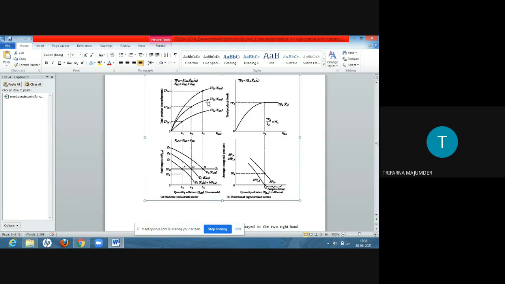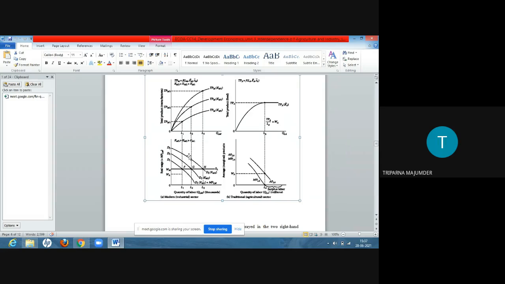When it increases to KM2, the total product curve becomes this one. When it increases to KM3, our total product curve becomes this one. The process that will generate the capitalist profits for investment and growth is illustrated in this diagram.